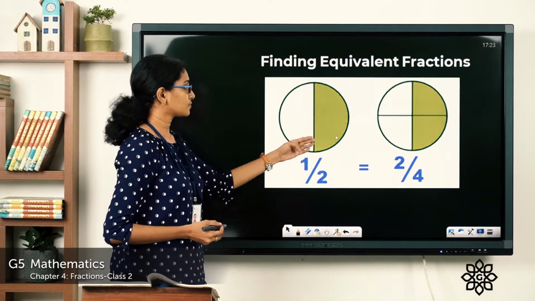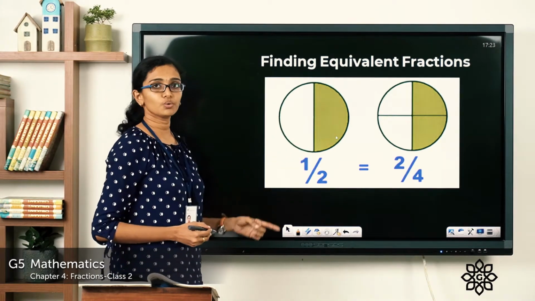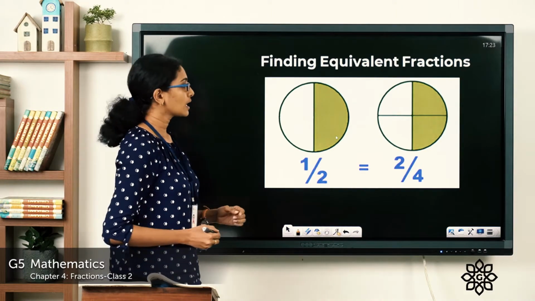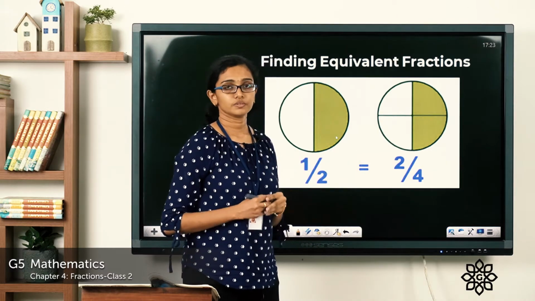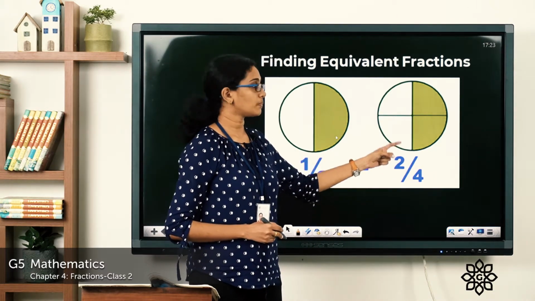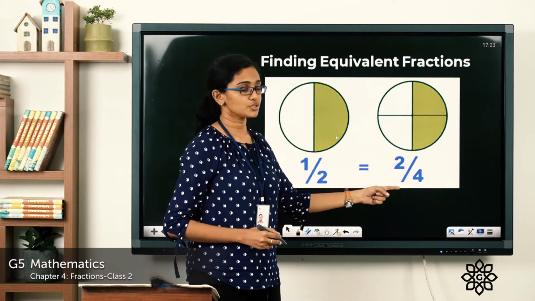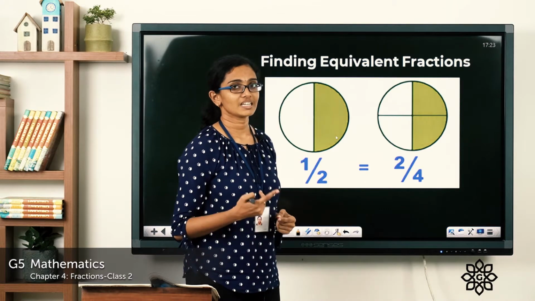So, the fraction of the part colored in green is 1 by 2 or 1/2, right? And here, two parts out of the total 4 parts are colored in green. So, here the fraction of the parts colored in green is 2 by 4 or 2/4, right?